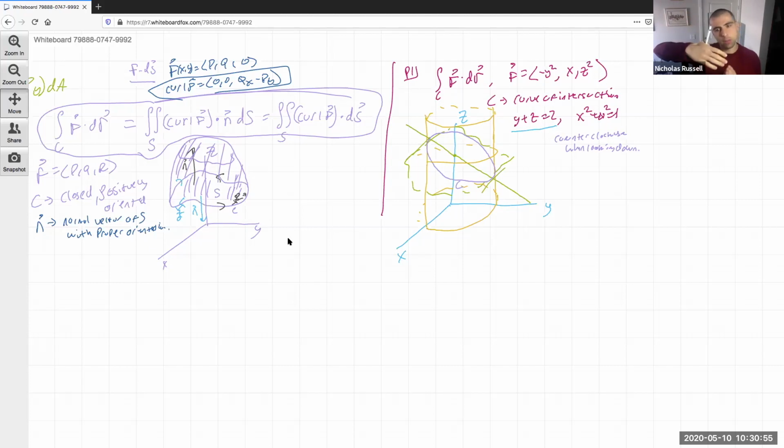So it would move in this direction here. Okay, so with this in mind, if we did not have Stokes' theorem, think about what I would have to do. I would have to first parameterize this curve C.